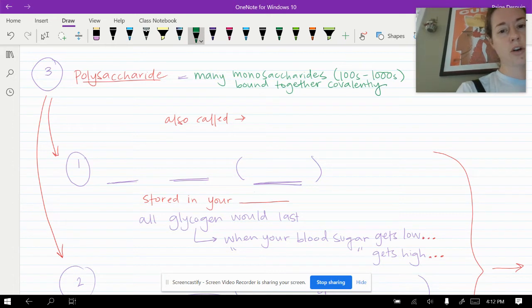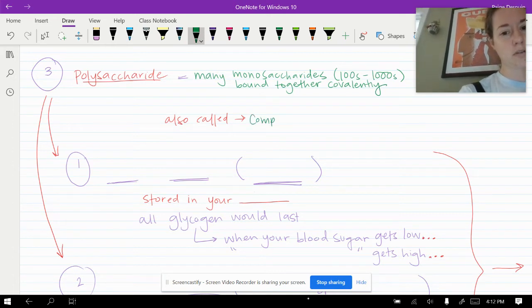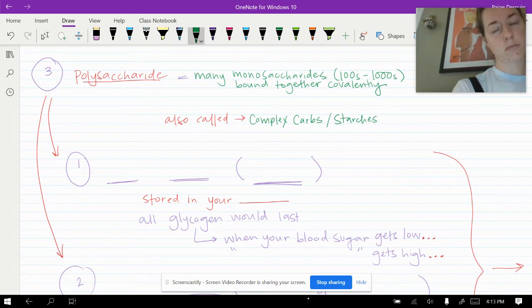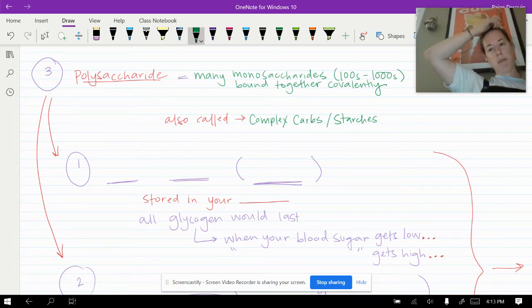And these are also called complex carbs or starches. I'm going to talk to you about 4 different polysaccharides and what they do.